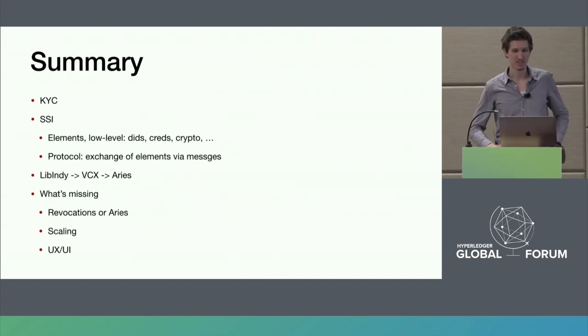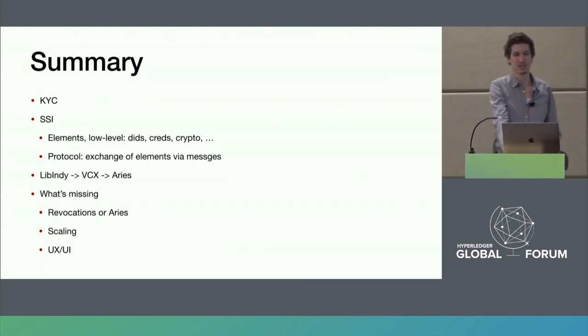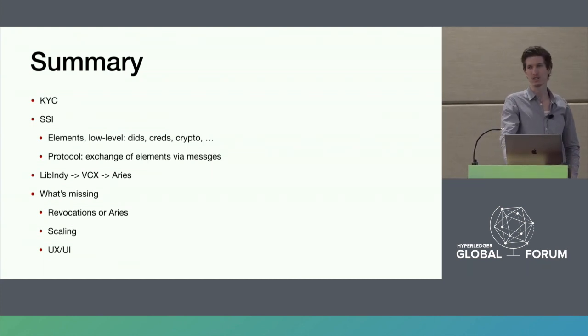So just to briefly summarize what we have said today. Our starting use case is KYC. And if you want to build some SSI solution, you basically need some basic elements around DIDs and crypto and credential stuff.